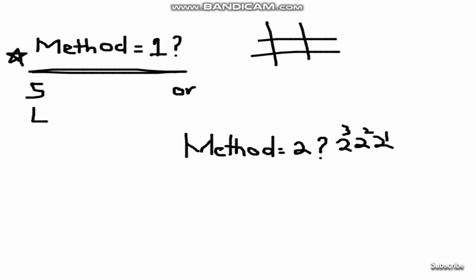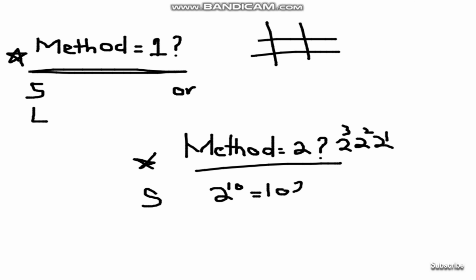I'll recommend you use method number 2 if you are working with smaller numbers, as 2 power 10 is equal to 1024.